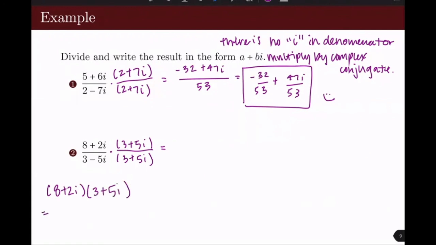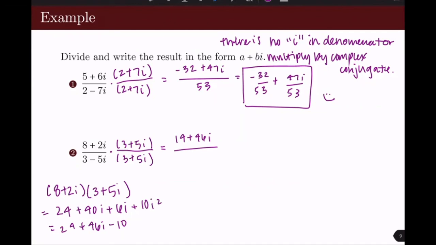I'm going to get, let's see, 8 times 3 is 24. So I got 24 plus 46i minus 10. That's going to equal 14 plus 46i divided by 3 minus 5i times 3 plus 5i.